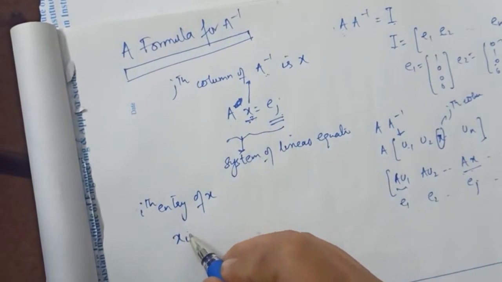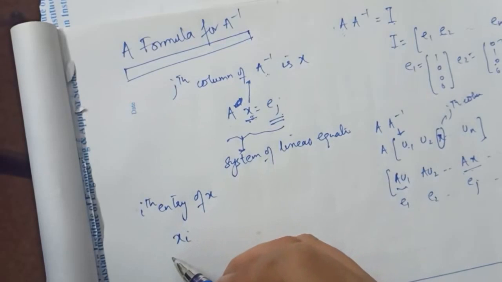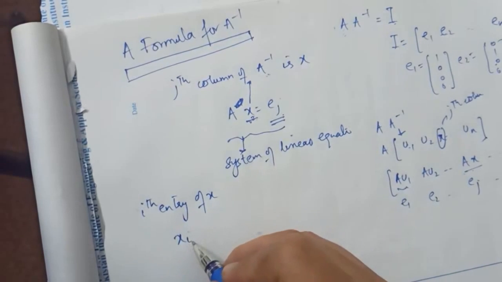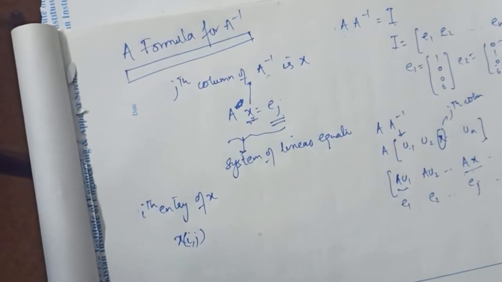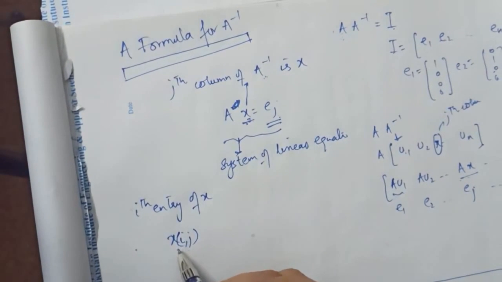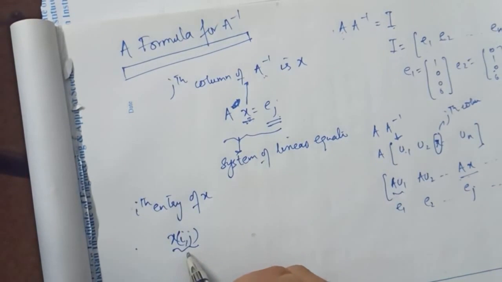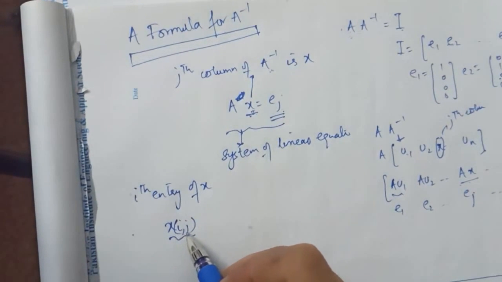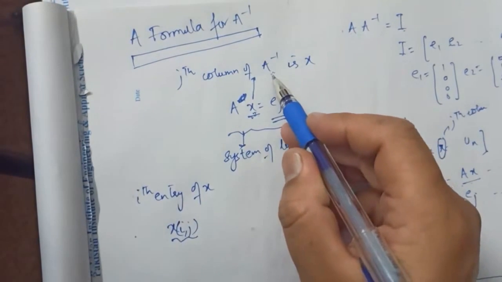x_ij, say for example. Okay, right, now X is the ith element of the jth column of A inverse, right?